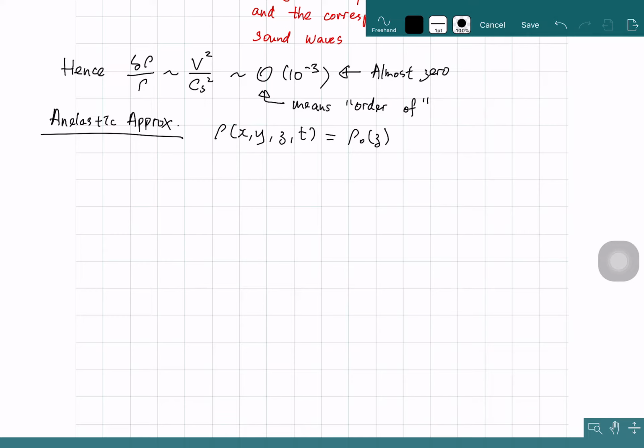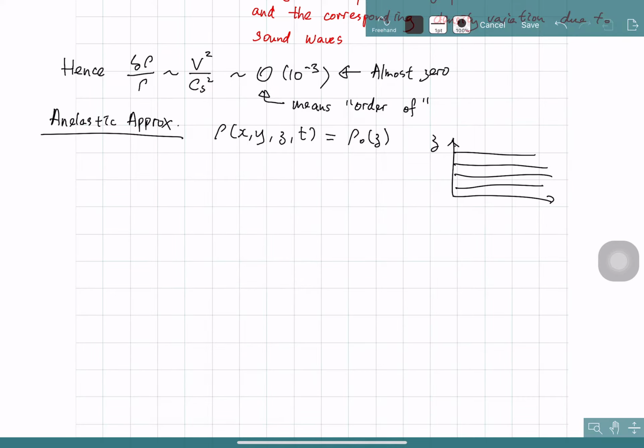Okay, so what does it look like? If this is the height, oh sorry, my drawing is no good. It should be straight lines. You can draw the straight lines in your notes. So density only depends on height.